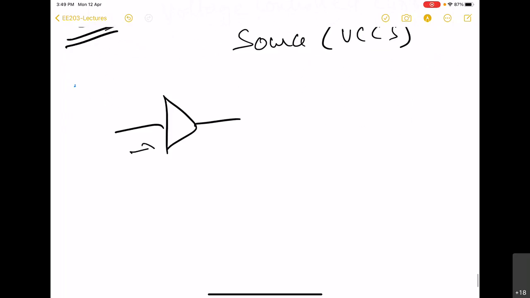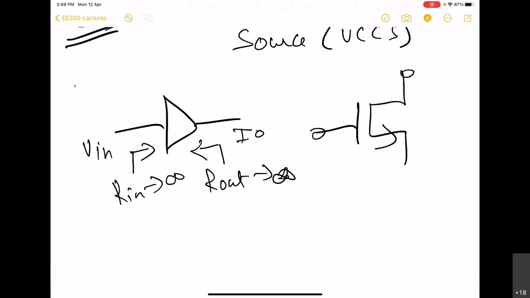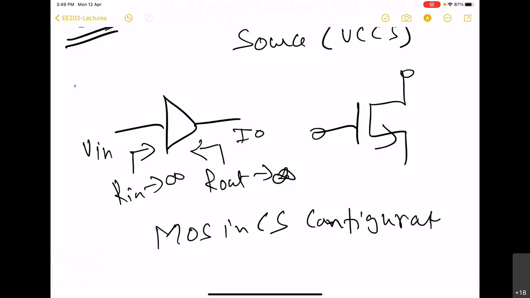That means we have R in to be infinite and R out to be infinite. So it should be current on the output side and voltage on the input side. And we know that a MOS in CS configuration is a voltage controlled current source.